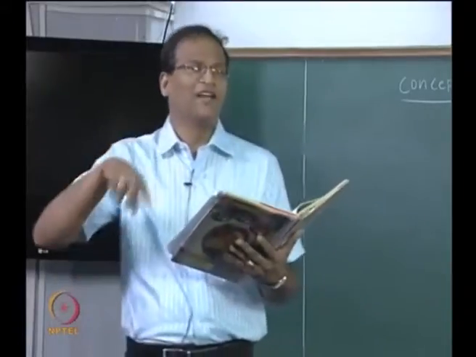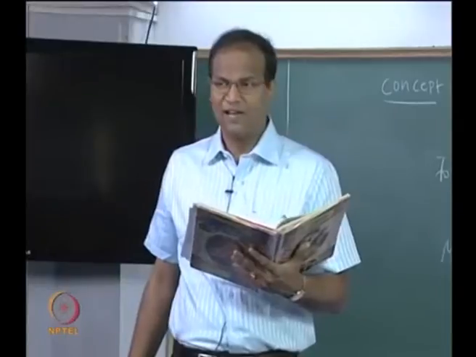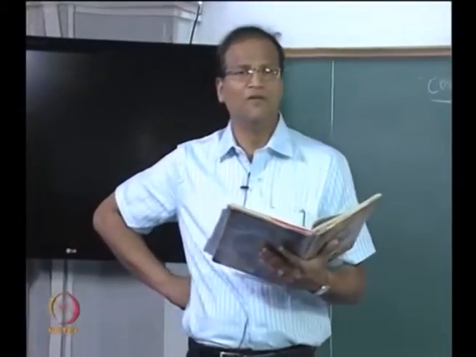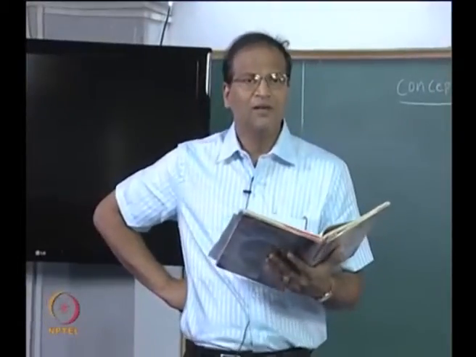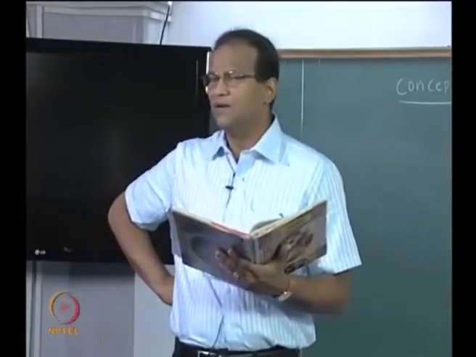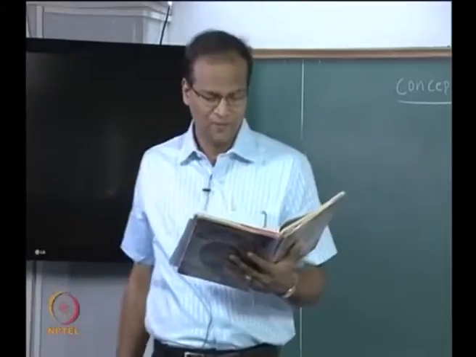A black wall at 500 Kelvin is at x equal to 0. Sorry if I have confused you. Tw is 500 Kelvin, Tg equal to 400 Kelvin, thickness L equal to 40 centimeters, kappa equal to 0.15 meter inverse. Everything is fine, data is fine.